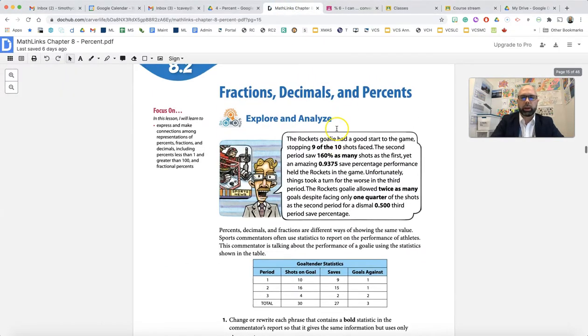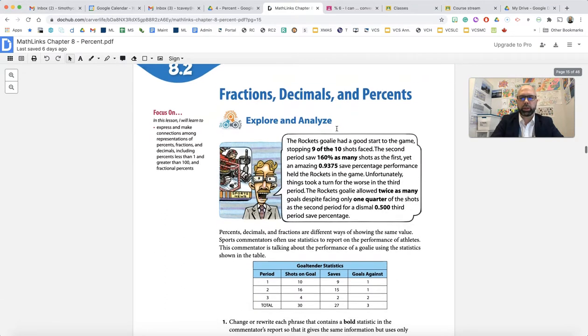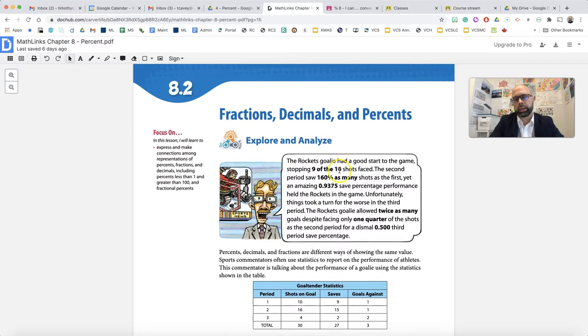I may not spend a ton of time on this, but as a class we'll be looking at the statistics that this goalie put forward. He stopped 9 of 10 shots. The second period saw 160% as many shots. So if he saw 10 shots in the first period, how many did he see in the second period?